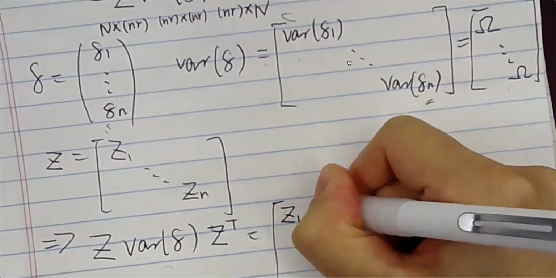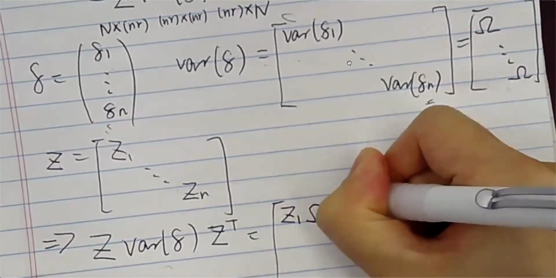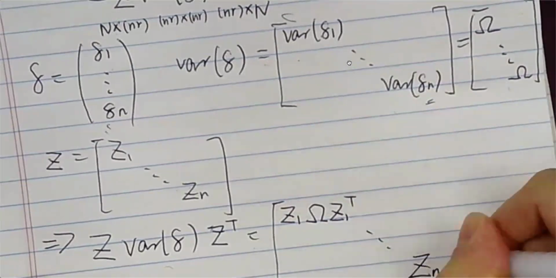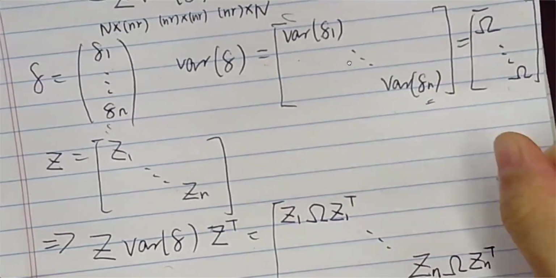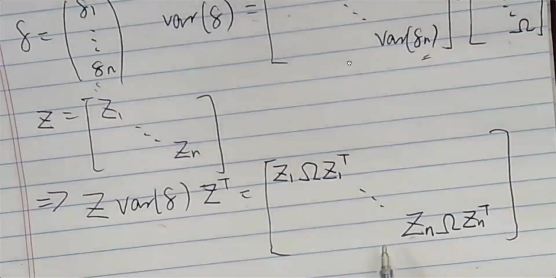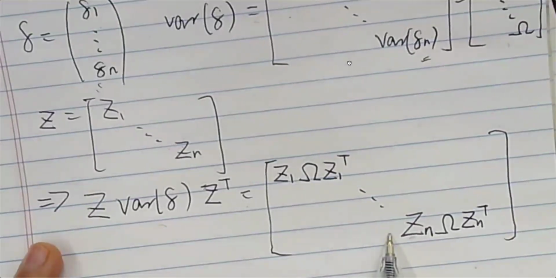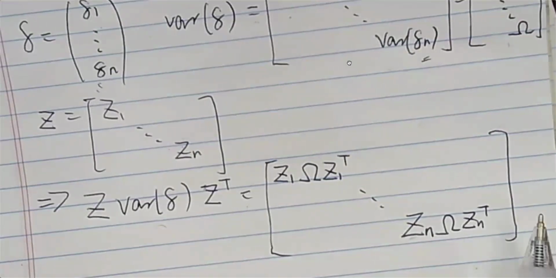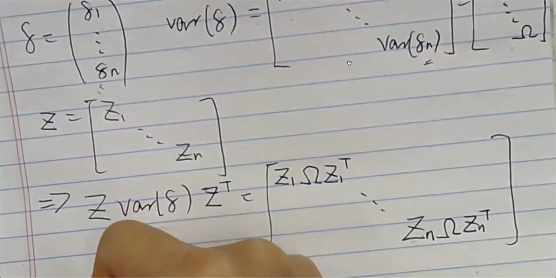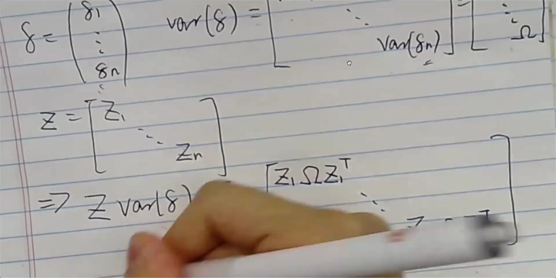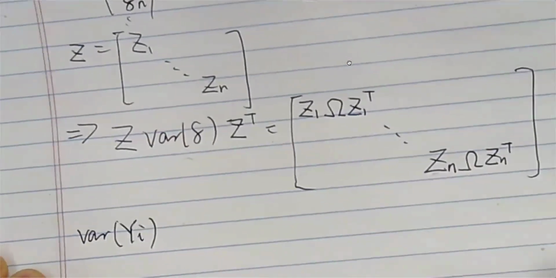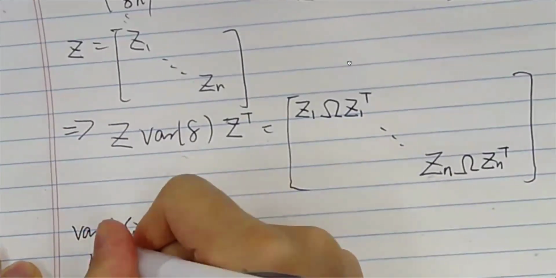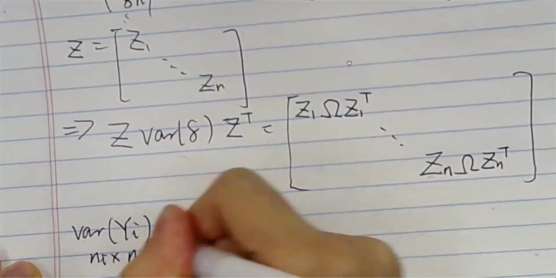Z1 omega Z1 transpose to Zn omega Zn transpose. That's it. Although I'm writing the stack form, when I do the variance decomposition and look at group i, the variance covariance matrix is Ni by Ni in that group.